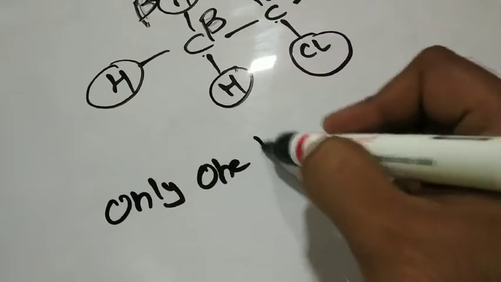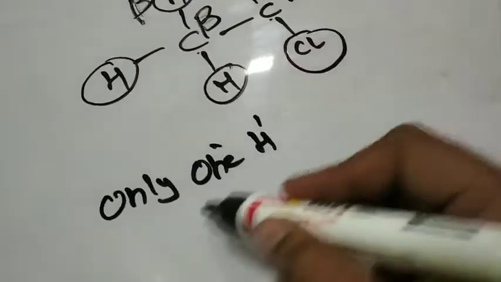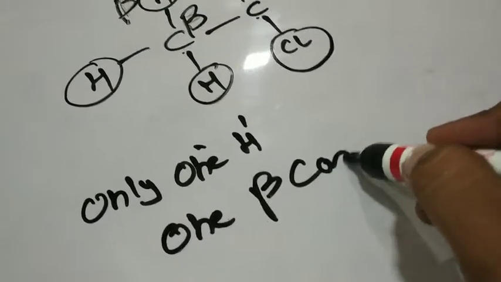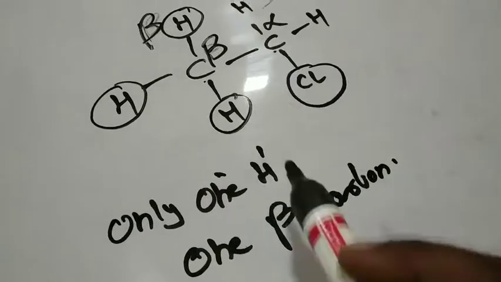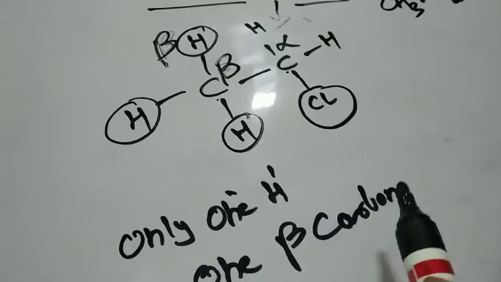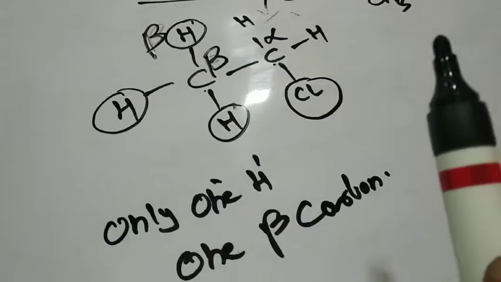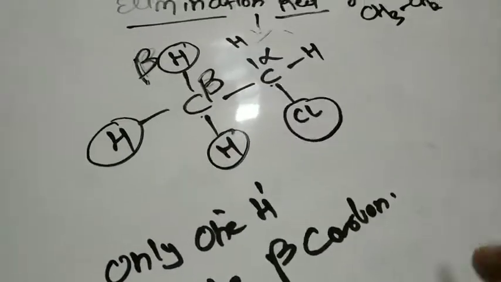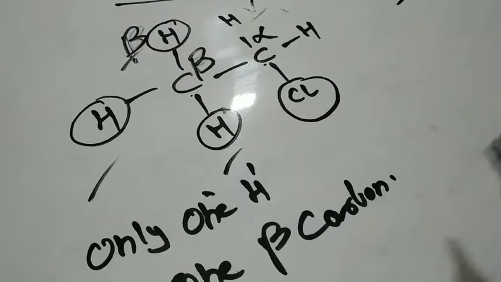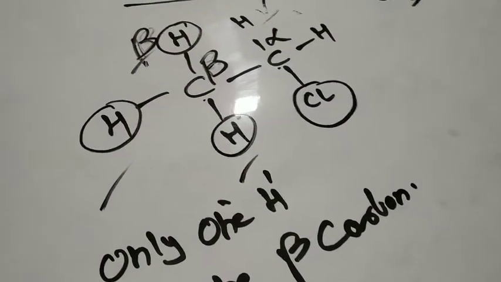Remember, only one hydrogen on one beta carbon, यानी कि एक बीटा कार्बन के ऊपर एक ही बीटा हाइड्रोजन होगा, उससे ज्यादा बीटा हाइड्रोजन्स नहीं होंगे, राइट? So here there is one beta hydrogen, right? You take any one of them. You consider any of the hydrogens, but that will be called the beta hydrogen.